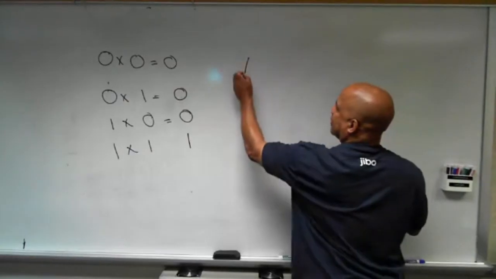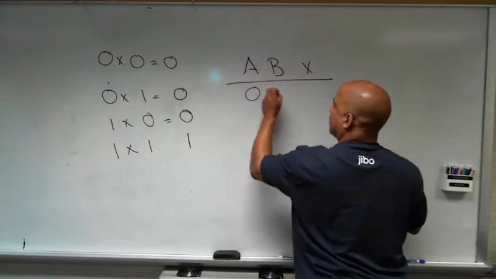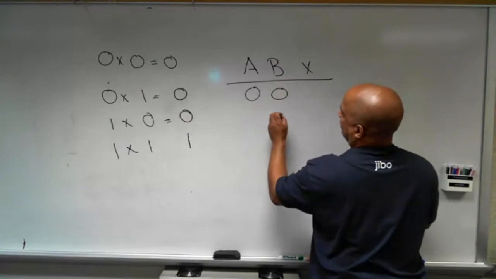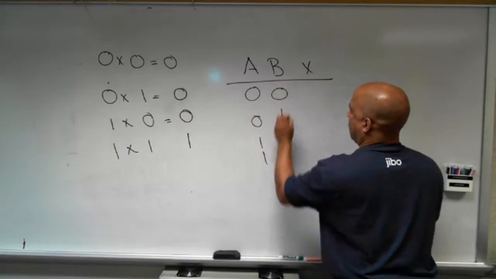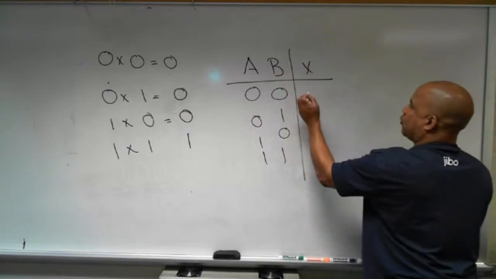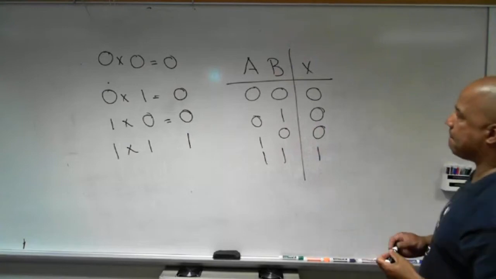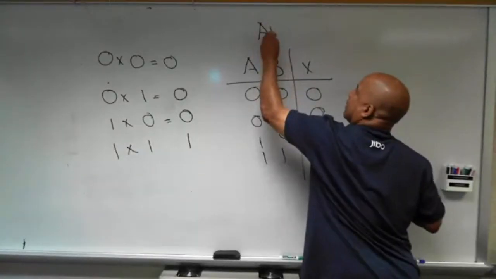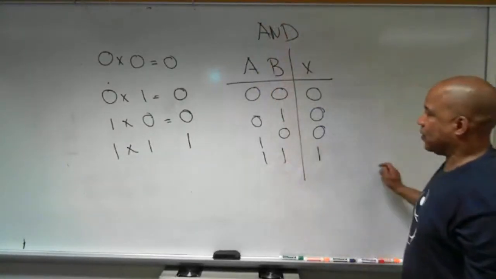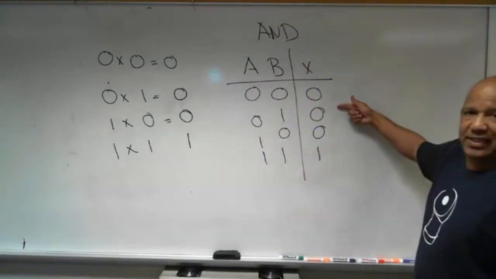Remember this? What truth table is this? That's AND, correct? This is AND logic. And so if you look at binary multiplication, it's the same.